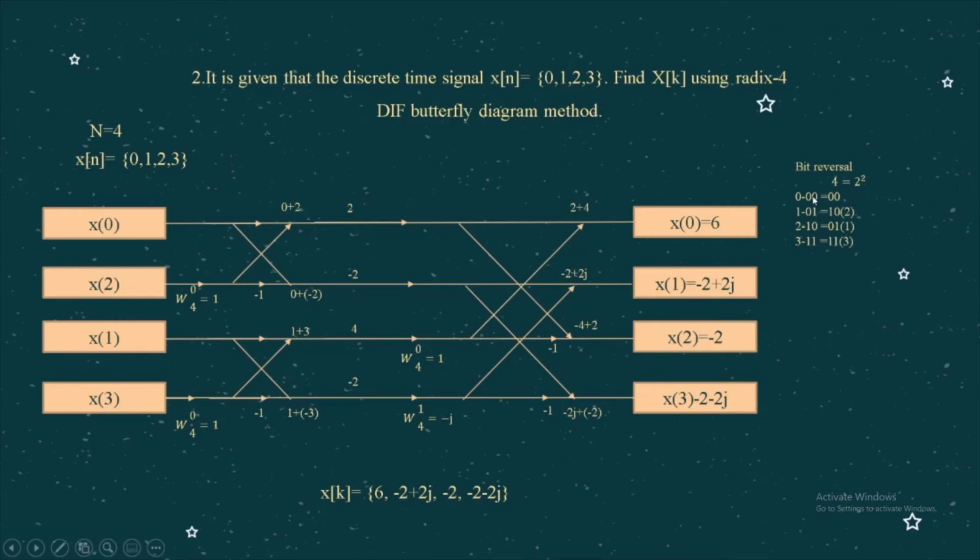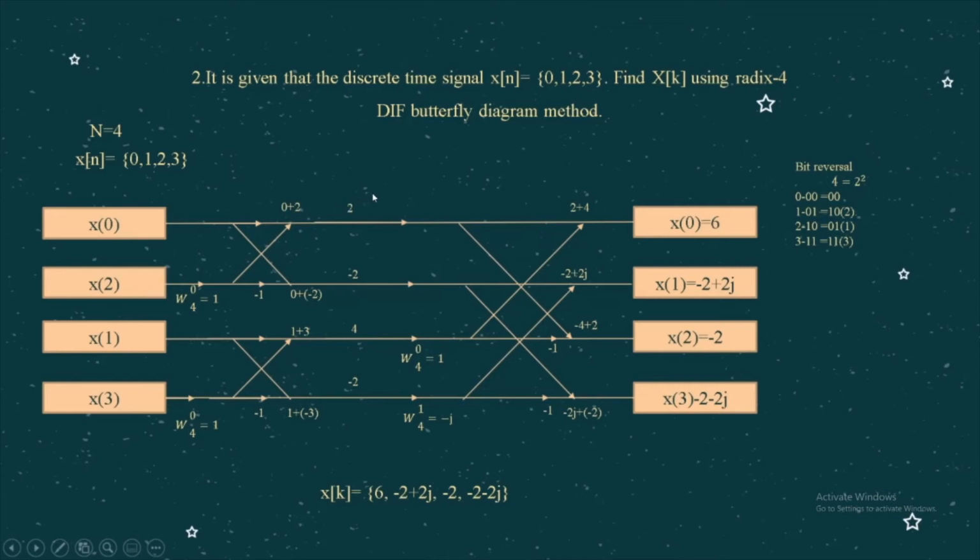So for 00, it will stay the same. 01 will become 10, which is 2. 10 is 01, which is 1. 11 equal to 11, which is still the same, which is 3. So as we know, n equal to 4, and to calculate this, we need to follow the flow graph.